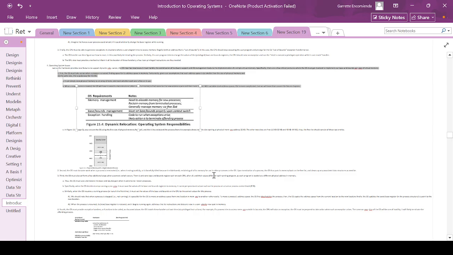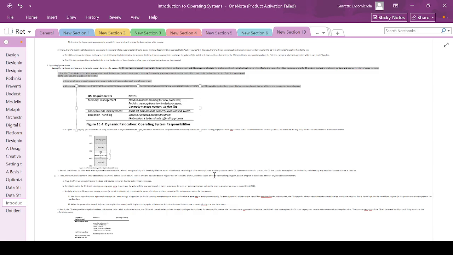The combination of hardware support and OS management lets us implement a simple virtual memory. Specifically, there are a few critical junctures where the OS must get involved to implement our base and bounds version of virtual memory.